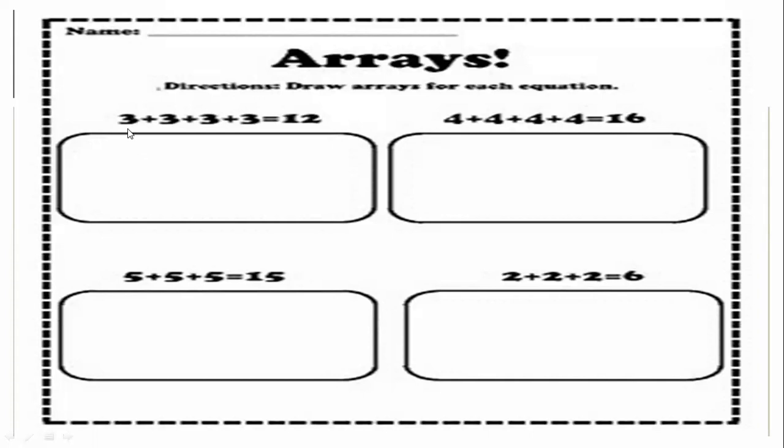What it says is 3, 3, you have to make 12. So 1, 2, 3, 4. 1, 2, 3, 4. 1, 2, 3, 4.